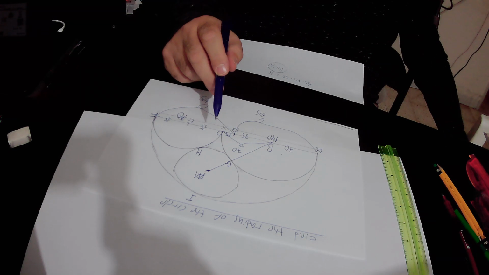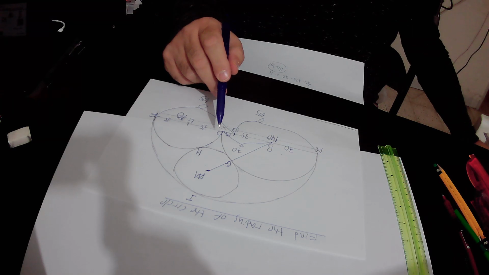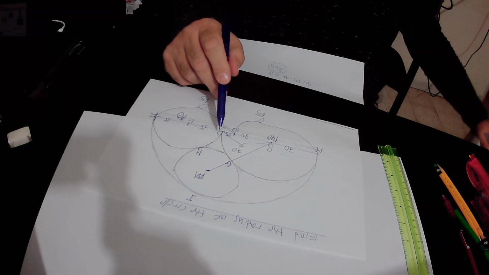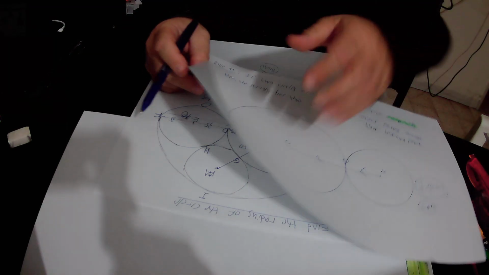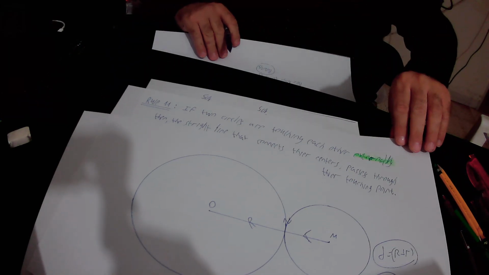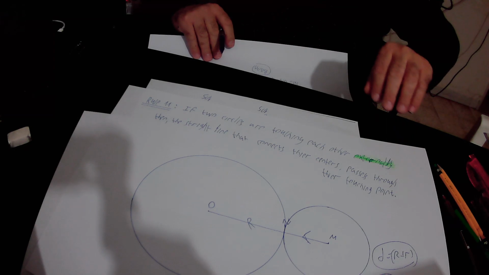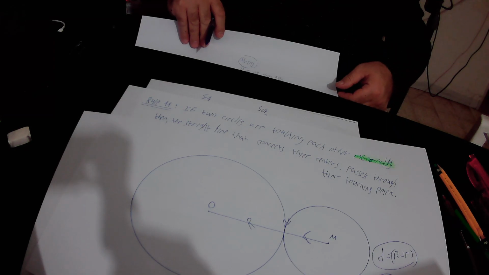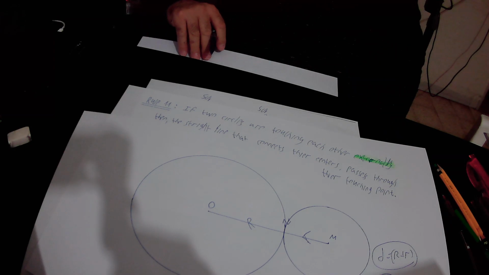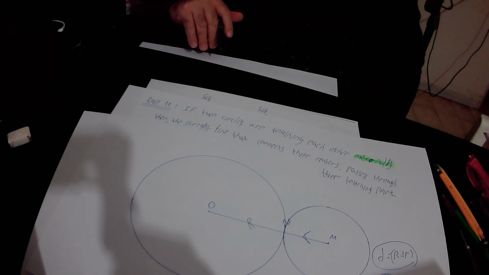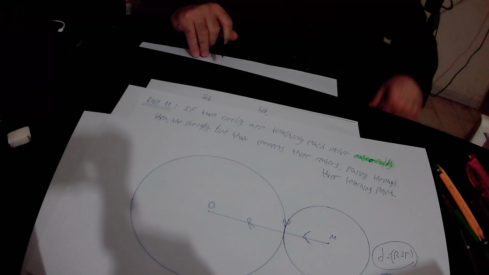And we actually have rule number 11 that states that if two circles are touching each other externally, then the straight line that connects their centers passes through their touching point.